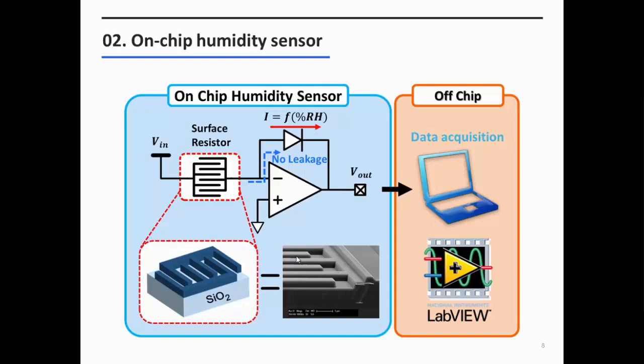So we added a load converter to linearize the signal. This load converter is composed of an op-amp with a diode feedback. As the current flowing through this diode has an exponential relationship with the bias voltage, the output voltage will be linearized. Finally, the output data is collected using LabVIEW.